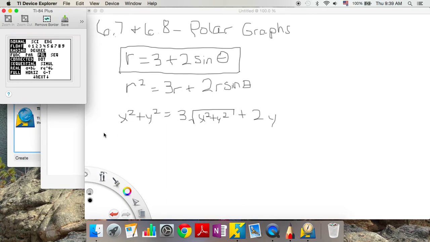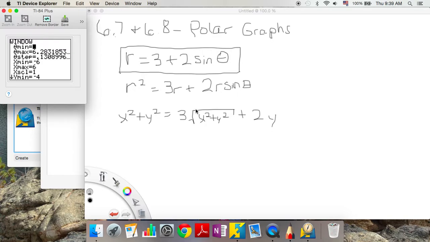So if you change your calculator to polar mode and then go to your y equals, the y equals has r instead of y because it's polar mode. So we have r equals a function of theta, and we can type in this graph here, 3 plus 2 times the sine of theta. And we end up with a graph.